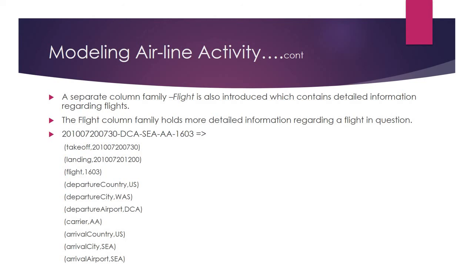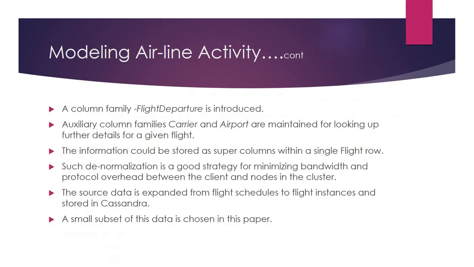In addition to these, we can also introduce some new auxiliary columns, something like carrier and airport, for better results for a given flight. The information could also be stored as super columns within a single flight row.